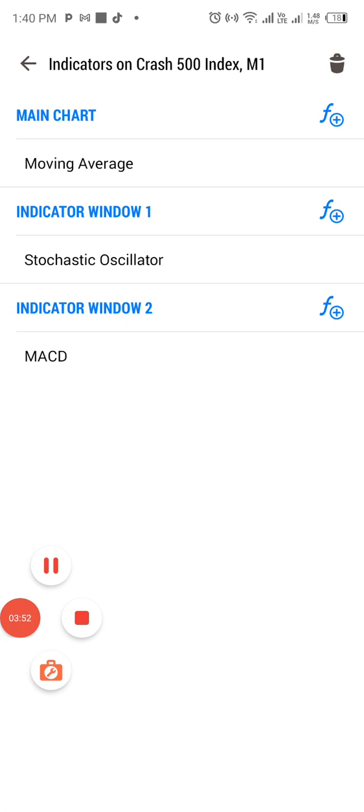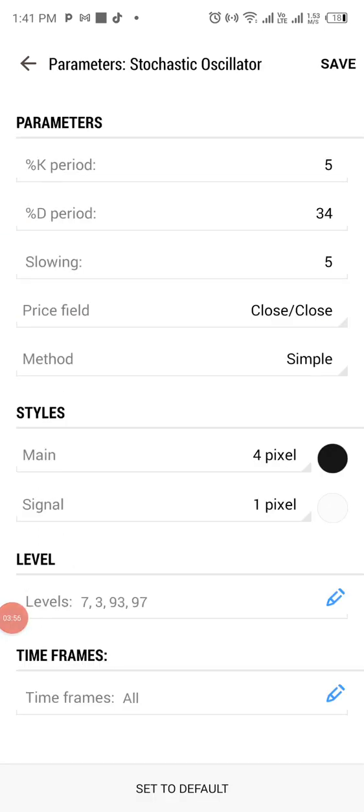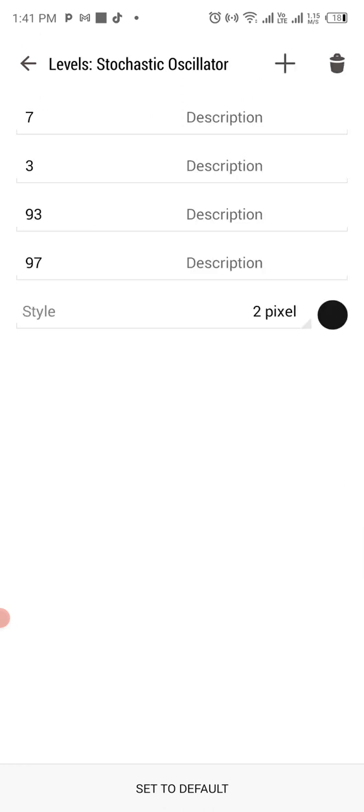The next one is oscillators. Here I'm using K period 5, D period 34, and slowing is 5. Price field is close, and my method is simple. I use these levels: 7, 3, 93, and 97.